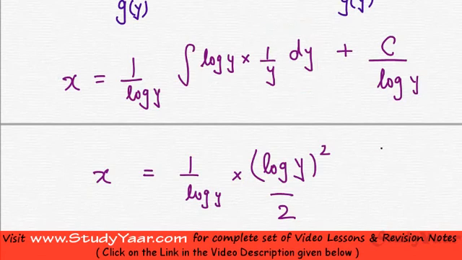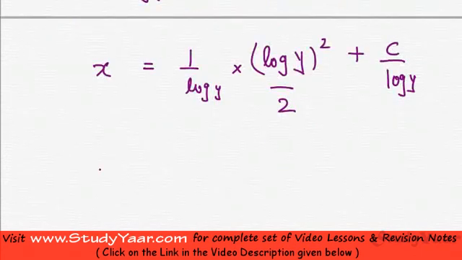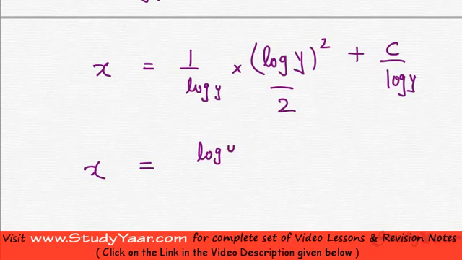So you would be able to integrate it and you are going to get t square by 2, or (log y) whole square by 2, as the integration. So you have x is equal to 1 upon log y into (log y) square by 2 plus c upon log y, or in other words your x is log y by 2 plus c upon log y.